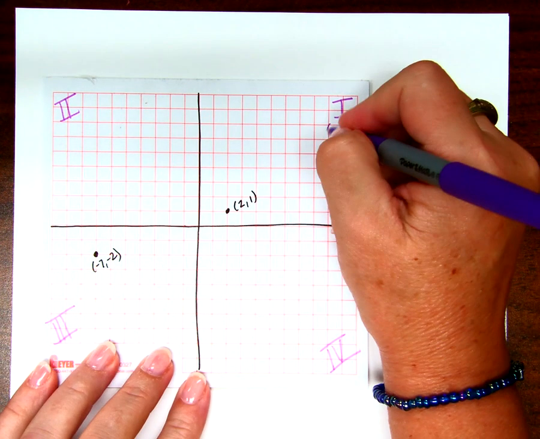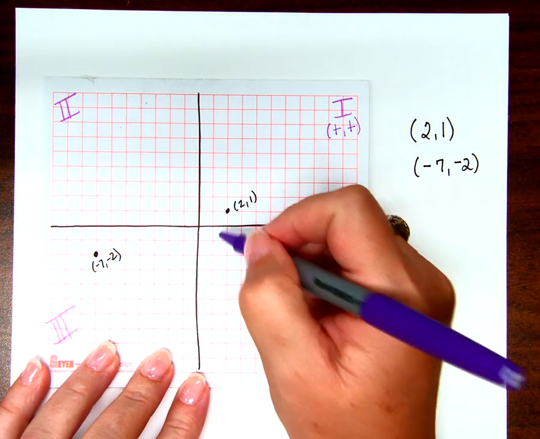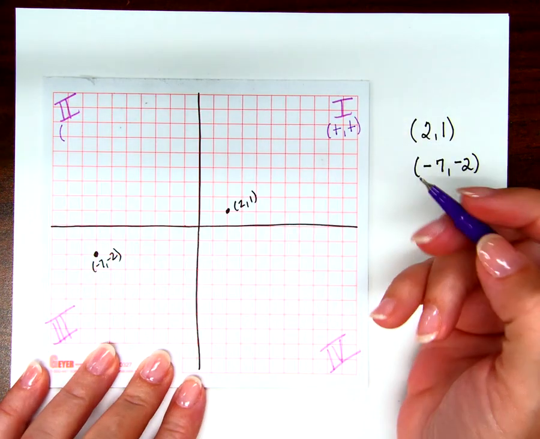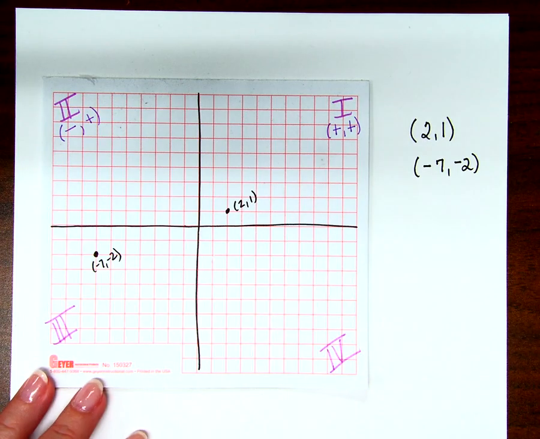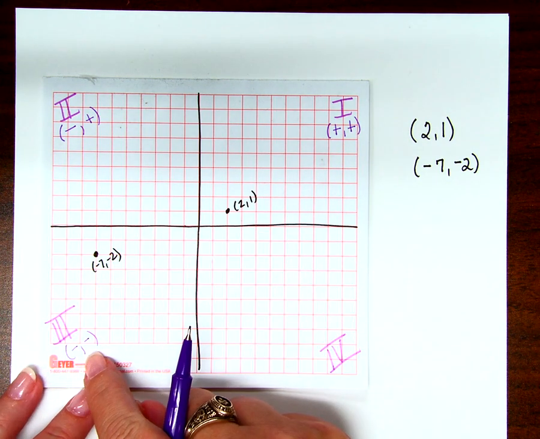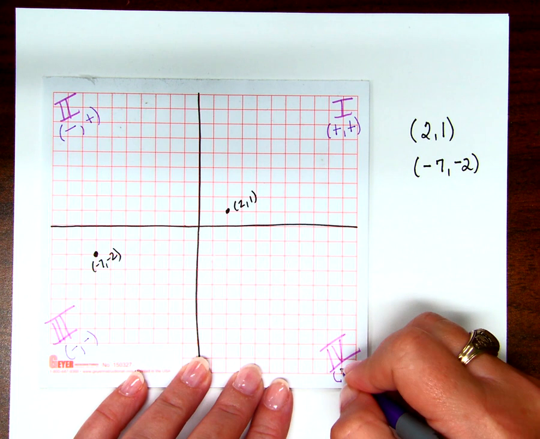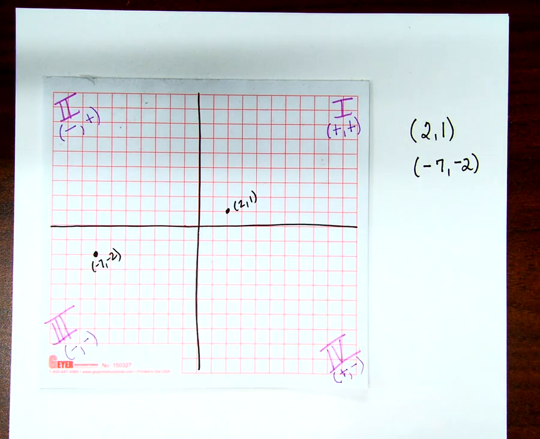Quadrant 1 is plus, plus, right? Positive number, correct? Quadrant 2 is what? Negative, positive. Quadrant 3 is what? Negative, negative. To me, that always looks like someone sleeping. Quadrant 4 is what? Positive, negative, right? Positive and then negative gets you down here to quadrant 4.